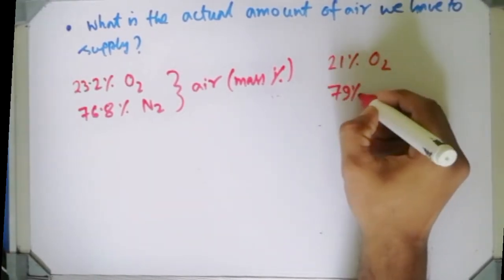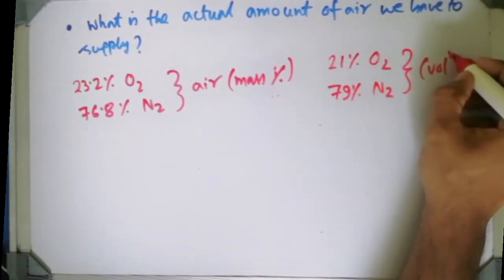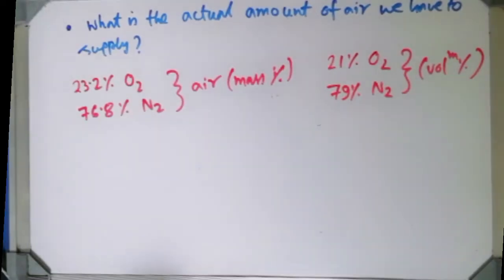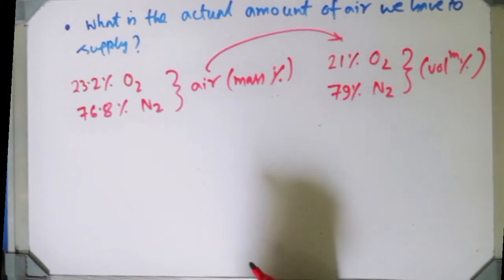Now, we know that the amount of substance expressed in SI unit is the mole. Mole is very important. It is a basic unit.